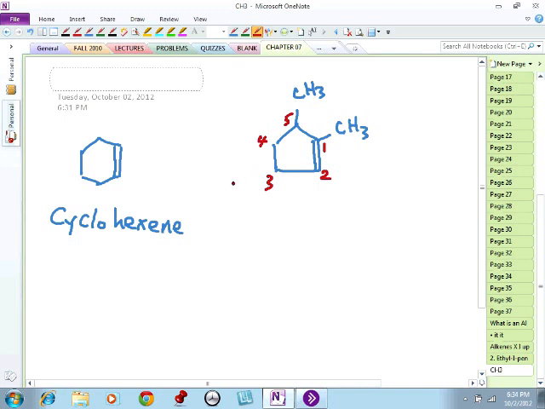So therefore, what do we call this compound? What is the name? 1,5, exactly.